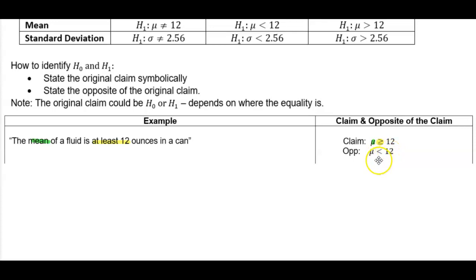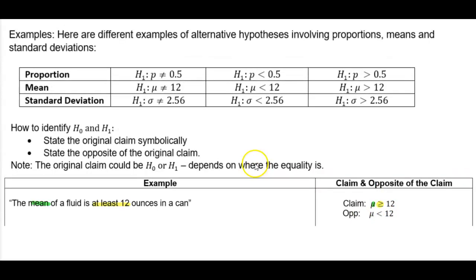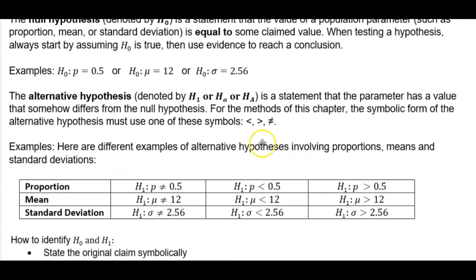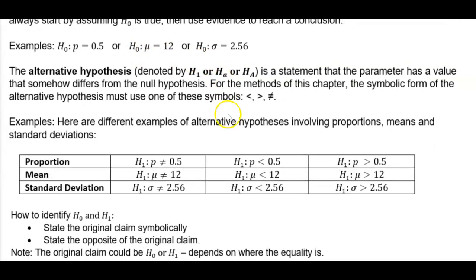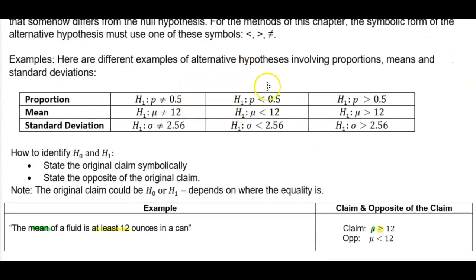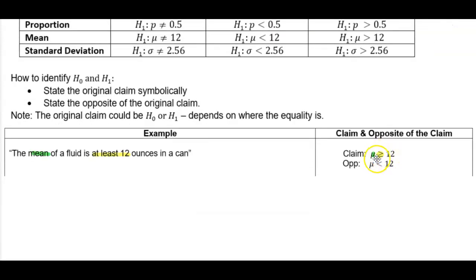Okay, now keep in mind that the null hypothesis always has the equal sign, and the alternative is going to have either the less than, the greater than, or the not equal to. So if we take a look at the claim and the hypothesis, the line under the greater than symbol tells us that the claim here has the equal sign.